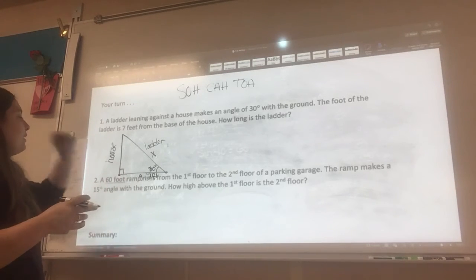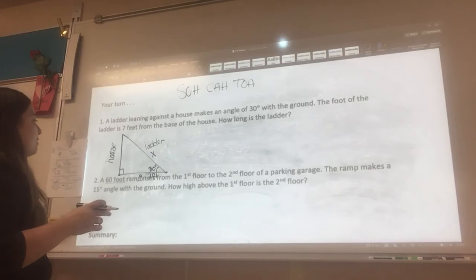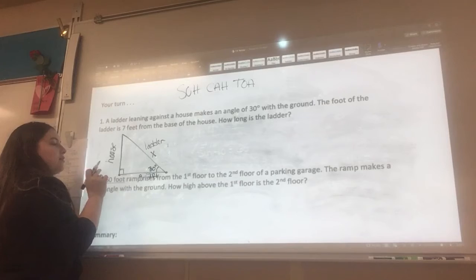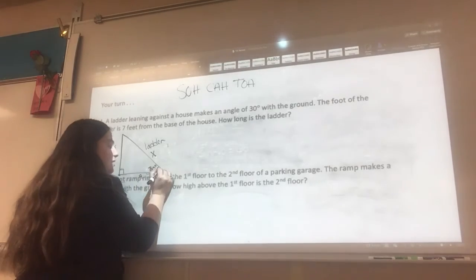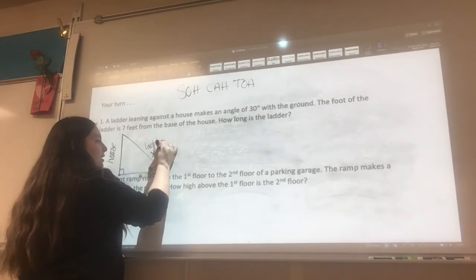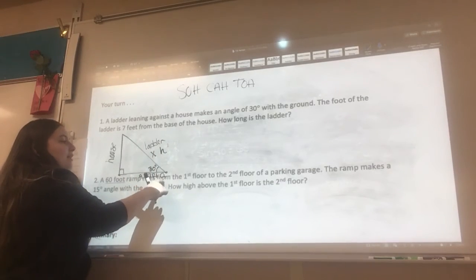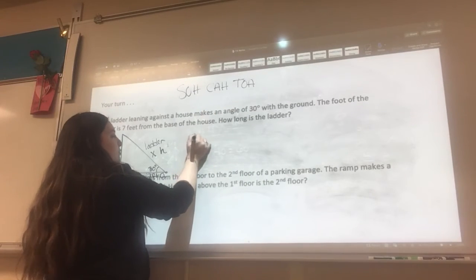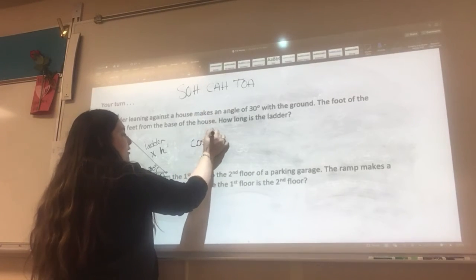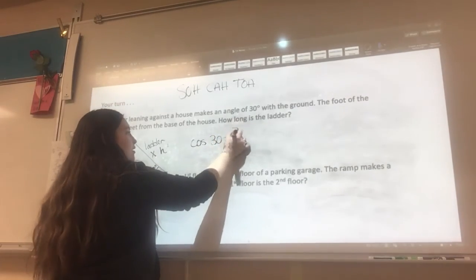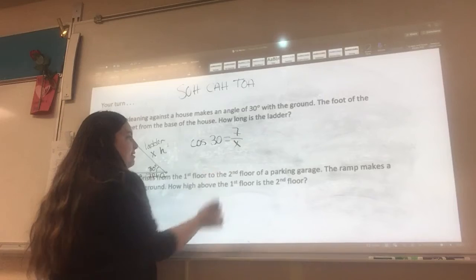We have drawn our triangle, and now we're going to create our scenario. So we have a 30 degree angle, and we need to see what x and 7 feet are to it. Well, 7 is adjacent to it, and x is opposite of our 90 degrees, so our hypotenuse. So we have A and H. So we're going to be looking at cosine. So cosine of 30 degrees is equal to adjacent of 7 over hypotenuse of x.